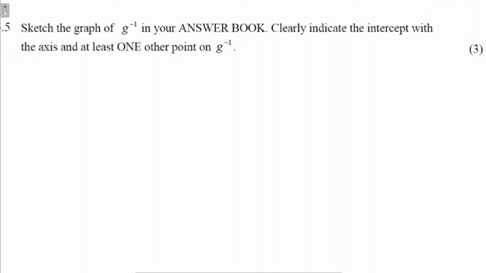What do I mean by this? Let us first get the x coordinates and the y coordinates of our g function. Remember, guys, our g of x function is given as 1 over 2 all raised to the power of x.